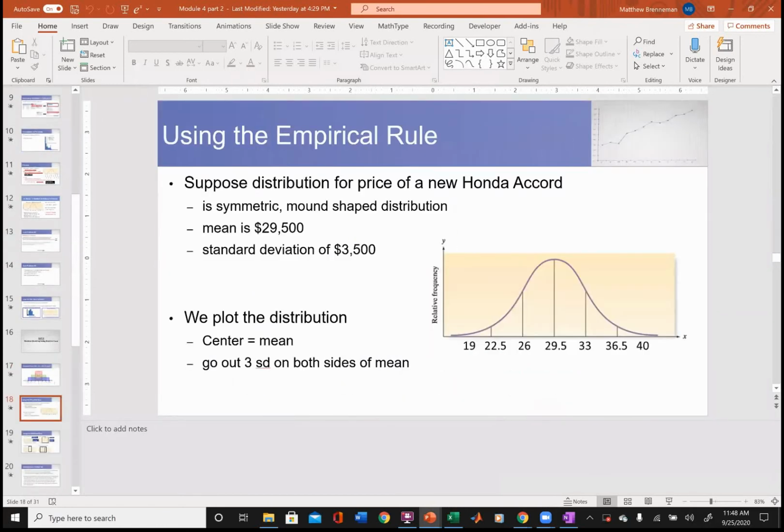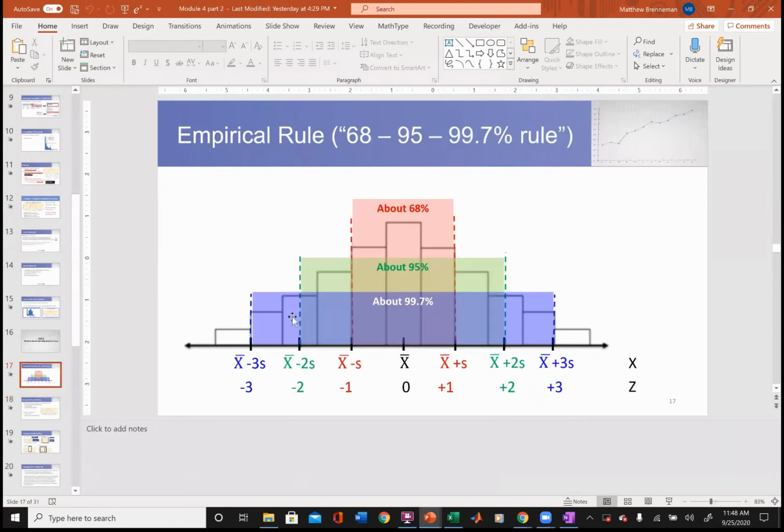It says when you have a mound-shaped distribution, it tells us the likelihood that you're going to get a data value a certain distance away from the mean. And by the way, when you're working with a normal distribution, the empirical rule becomes very well followed. It almost becomes exact.